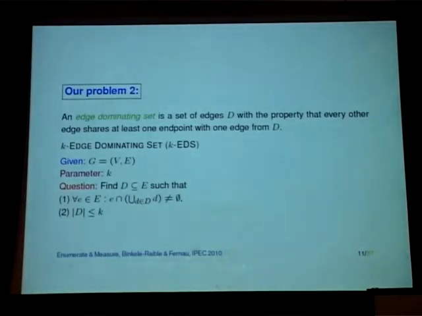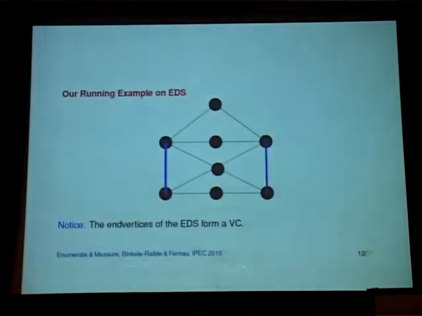You can also think of it as a classical domination problem in the line graph. In our example, these blue lines indicate an edge dominating set for this graph. And you can easily verify in this case that it's the minimum one, right? One edge doesn't do it. As simple as that.